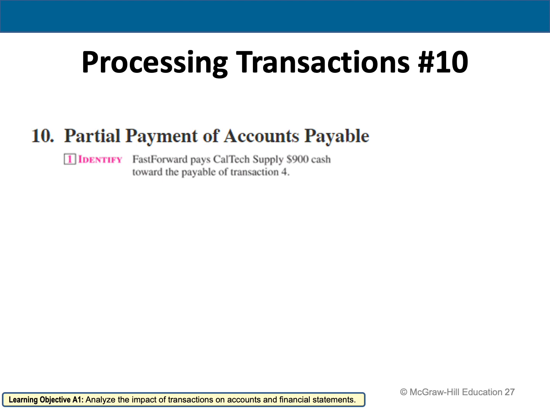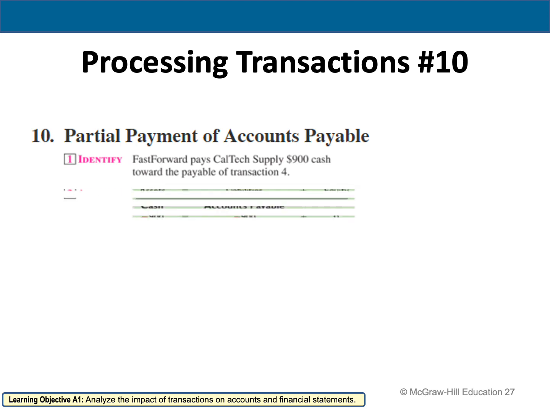Because they purchased supplies on credit in transaction 4, the supplies increase and the accounts payable also increase. Why did the accounts payable increase in transaction 4? Because the company did not pay the cash yet. But now in transaction 10, fast forward is going to pay their accounts payable.